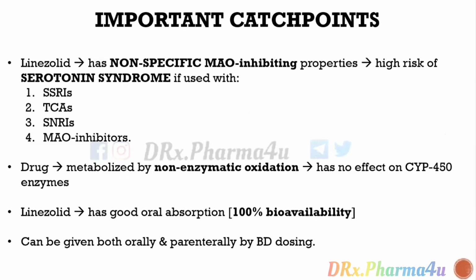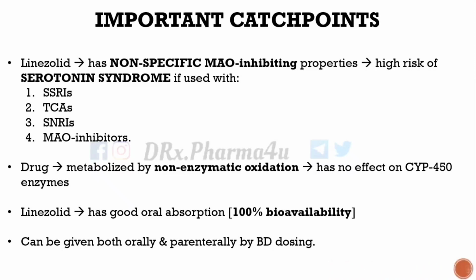So MAO, you already know, is an enzyme, monoamine oxidase. It breaks down noradrenaline and adrenaline. So what does the MAO inhibitor do? It inhibits that enzyme, as a result of which noradrenaline, adrenaline, and serotonin increase.